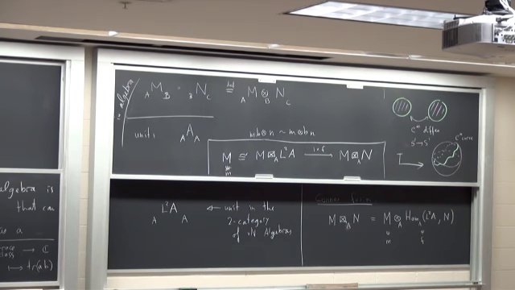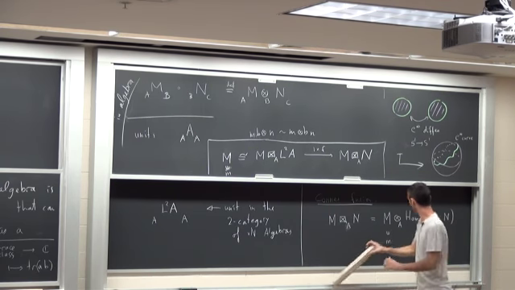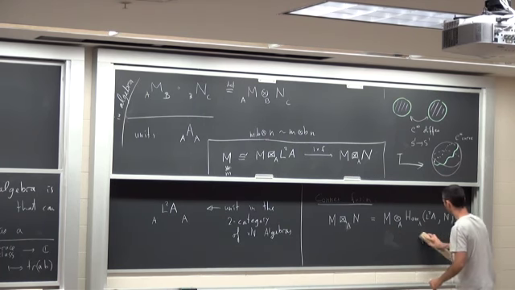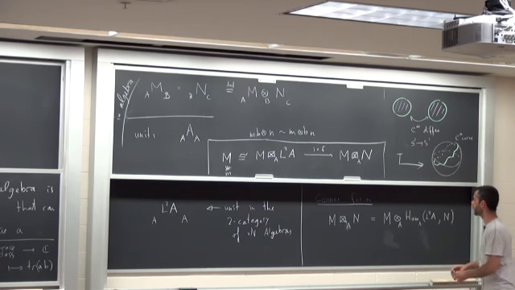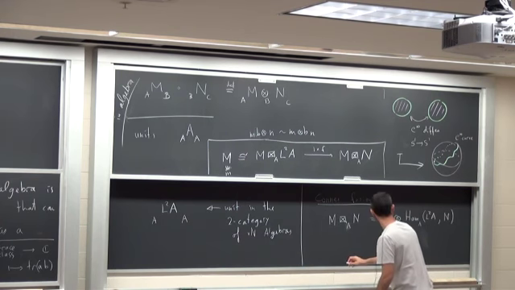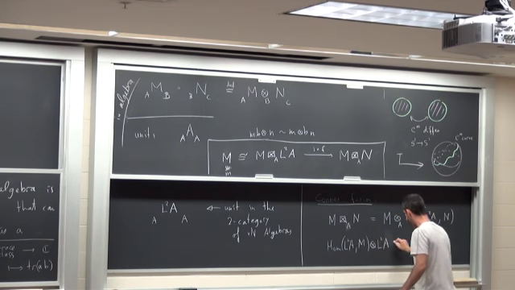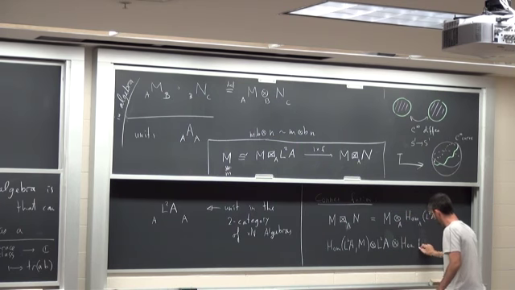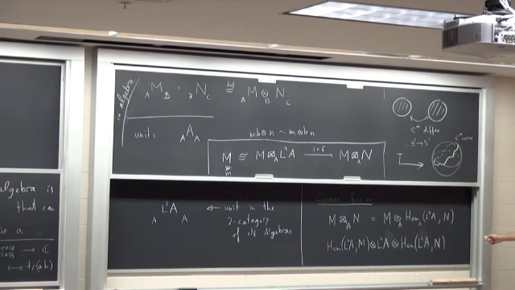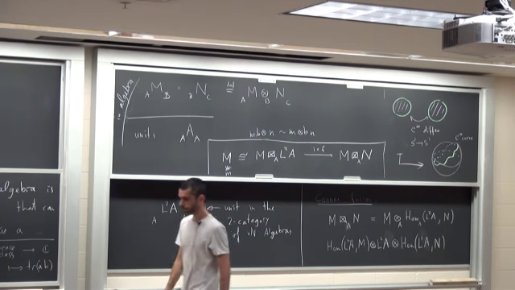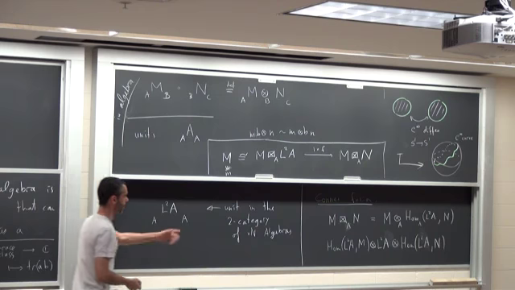But it turns out that there's a way of rewriting it that's more symmetric but a bit more lengthy. So here is another way of writing it. I can write it as Hom L2A M tensor L2A tensor Hom L2A N, where all these Homs and all these tensor products are over A. And the way to go between this and that is, well, what's the difference between these two things?